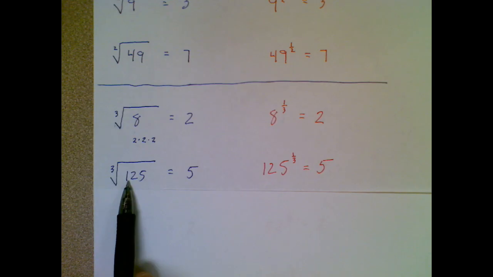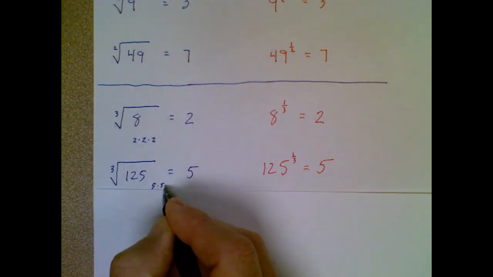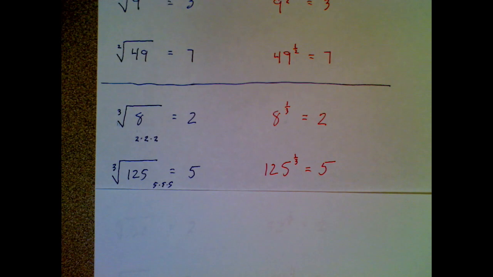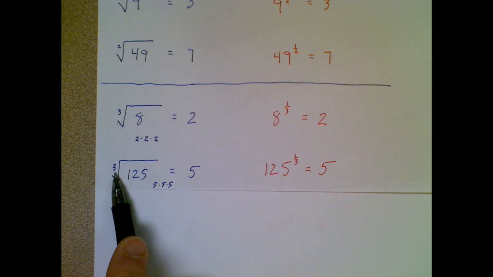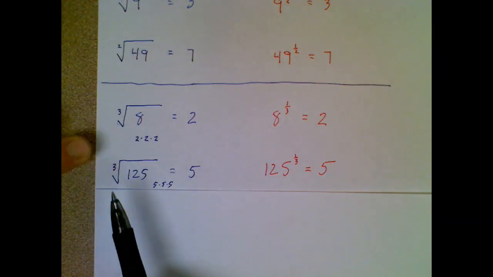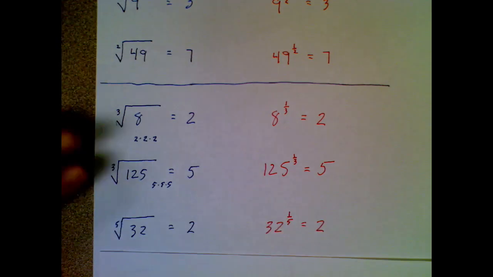The cube root of 125 is 5 because 5 times 5 times 5, multiplied by itself 3 times, gives us 125. Remember, if you skip writing that number, then everyone is supposed to assume that that's a square root. As soon as you write a number there, now they're focused on a different root.